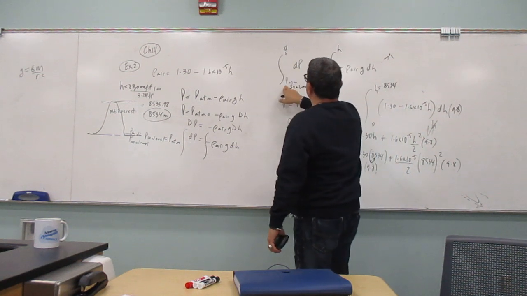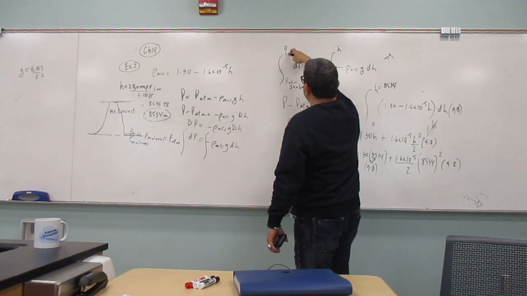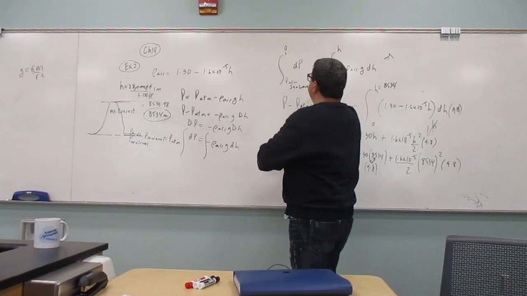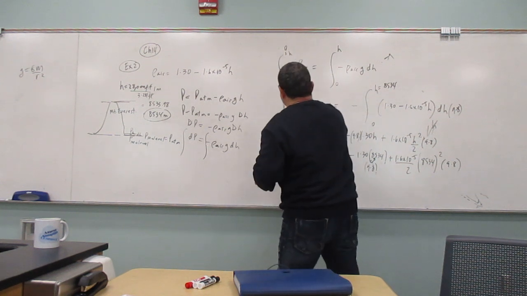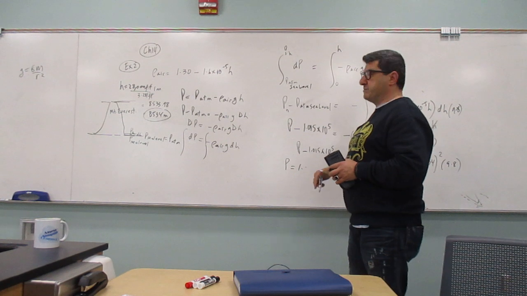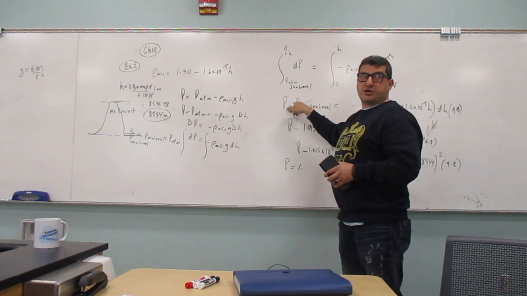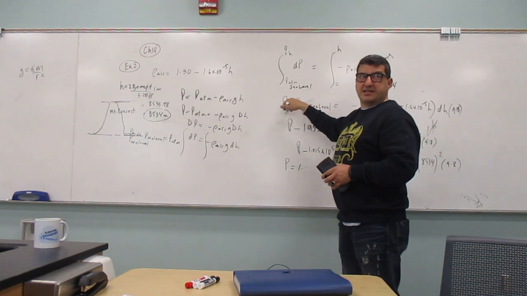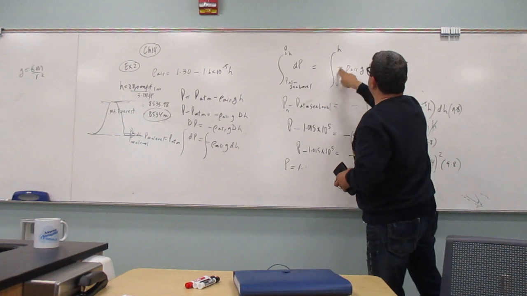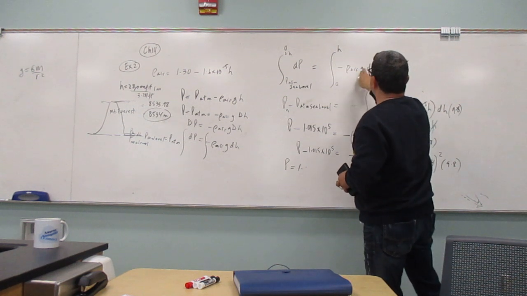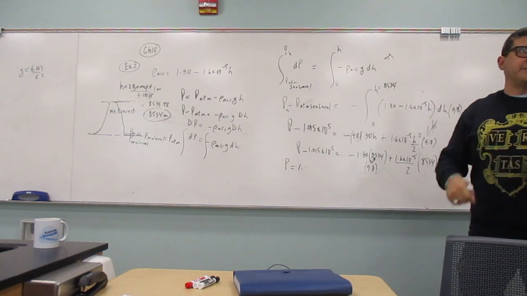Does this give you negative? If you integrate from p atmosphere to p, the pressure at some height, that gives you pressure at some height minus pressure of atmosphere. I do expect the pressure at a certain height to be less than the pressure at sea level. So this is negative. And this is also negative because I expect 0 to h to be positive. So my integral is right and my limits are right.